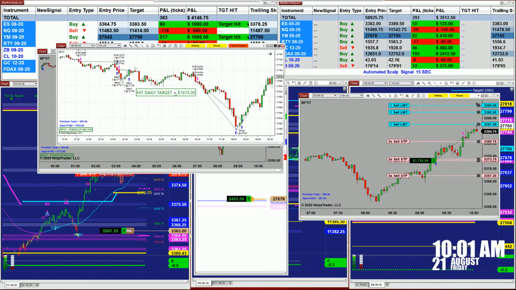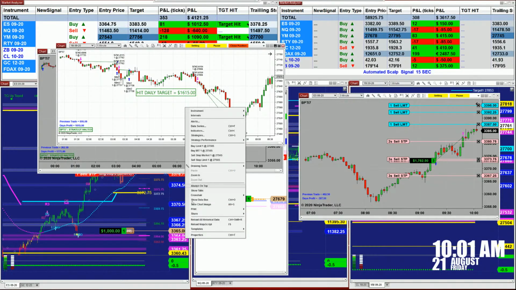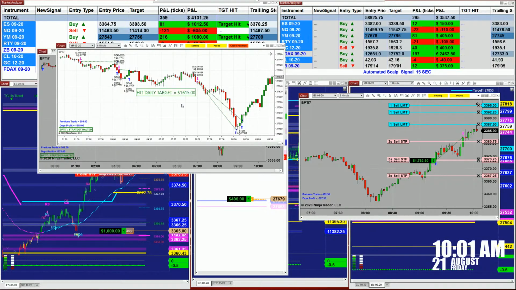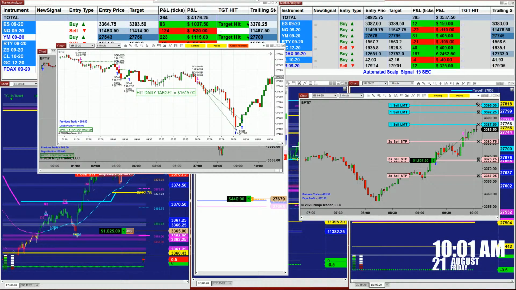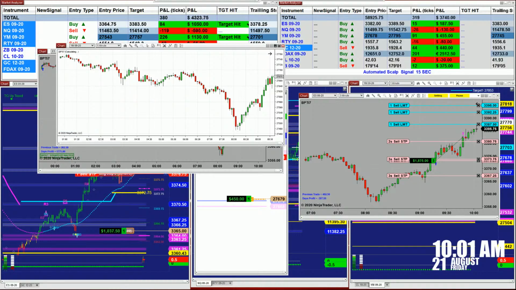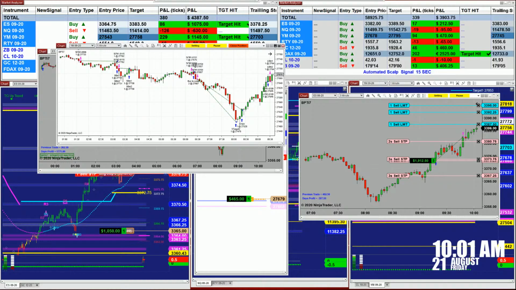If you want to go for one more round, you can do that by right click, reload, and now we are going back and rearm the auto trade, and then start taking the trades again. So we are going to try to take the trades again on that one here.